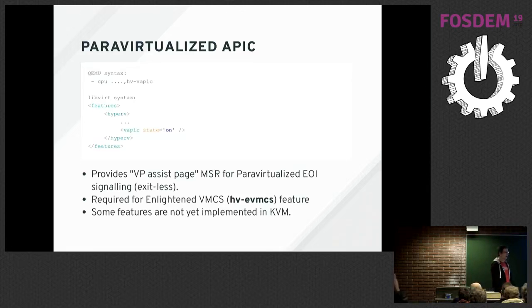The guest just clears one bit in the shared page, and the hypervisor will periodically look at this bit, and when it's not pending anymore, we are ready to inject the next interrupt. We don't need to do it synchronously most of the time. There is a side effect that this feature is also required for the Enlightened VMCS feature. I will tell you about this feature later.